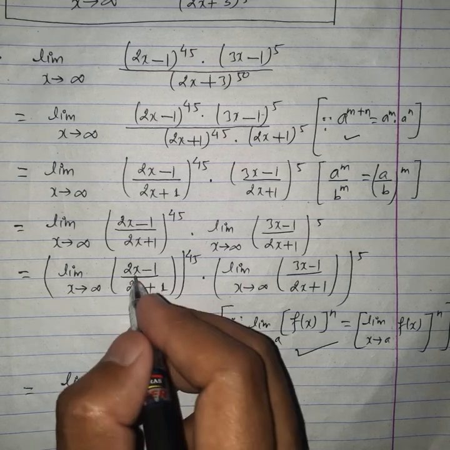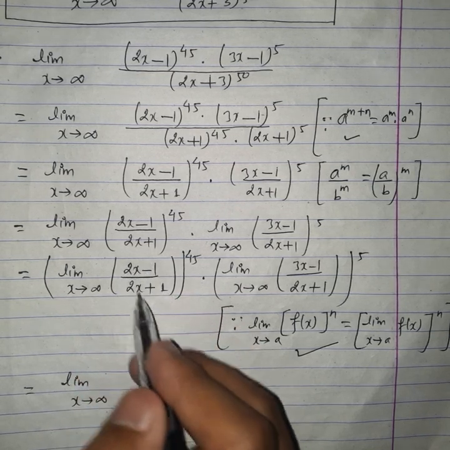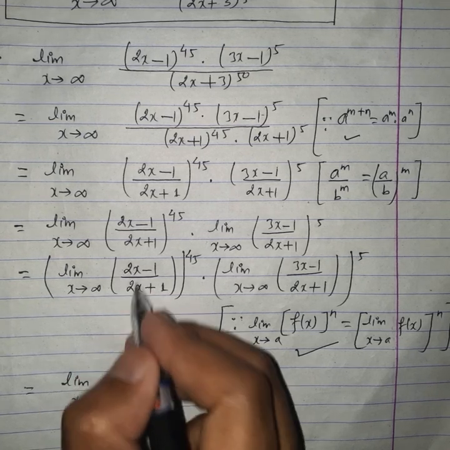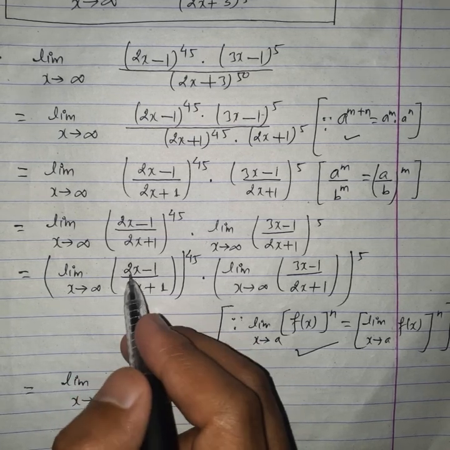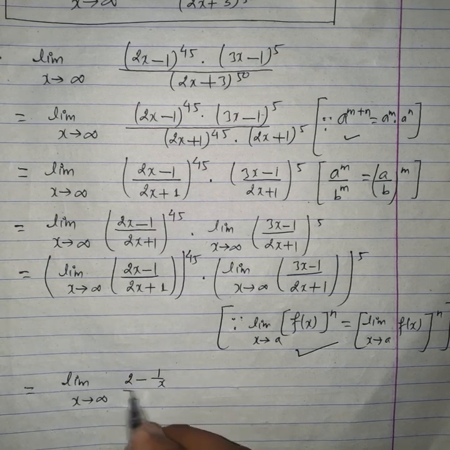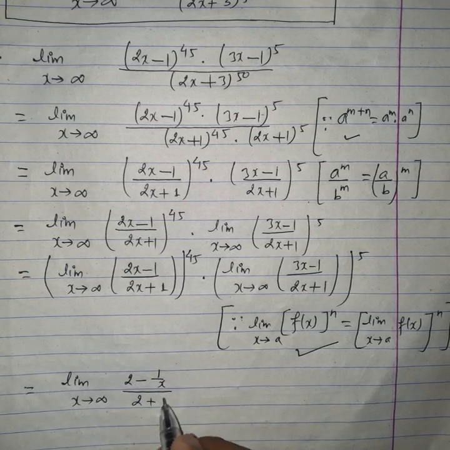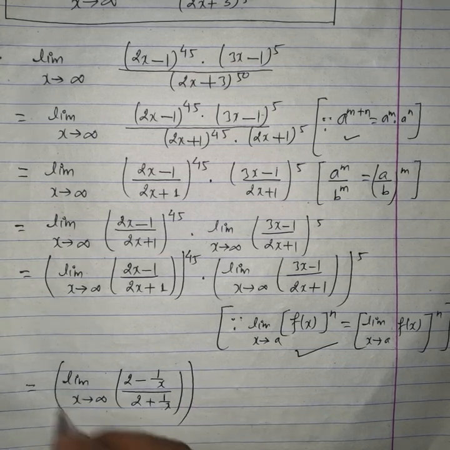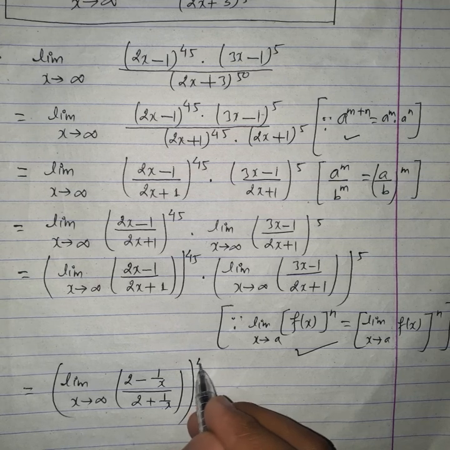Here let's divide the numerator and the denominator of this fraction by x, and then we get (2 minus 1 over x) over (2 plus 1 over x), raised to the power of 45.